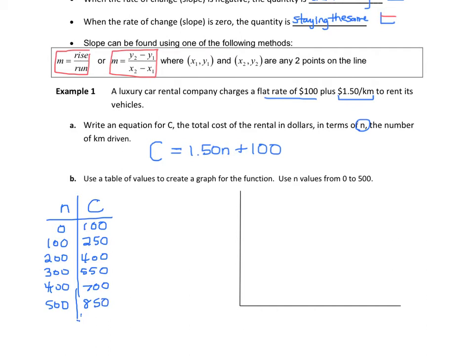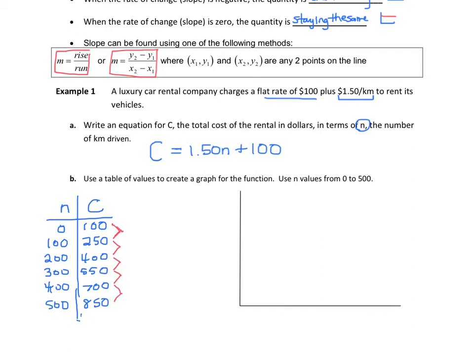Now, just while we have this table of values handy here, I'll show you what I meant by the first differences in case you forgot what that was all about earlier in the lesson. So when you have the table of values for a linear function, the first difference, meaning the difference between each pair of successive y values, will be the same.